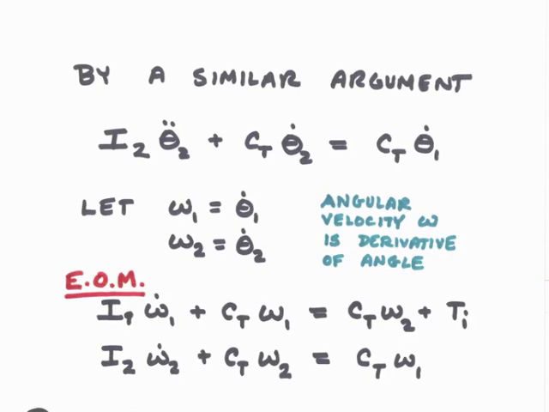I1 omega 1 dot plus CT omega 1 equals CT omega 2 plus Ti, and I2 omega 2 dot plus CT omega 2 equals CT omega 1. So we now have equations of motion in terms of the angular velocities of the two disks, omega 1 and omega 2, and the input torque, Ti.